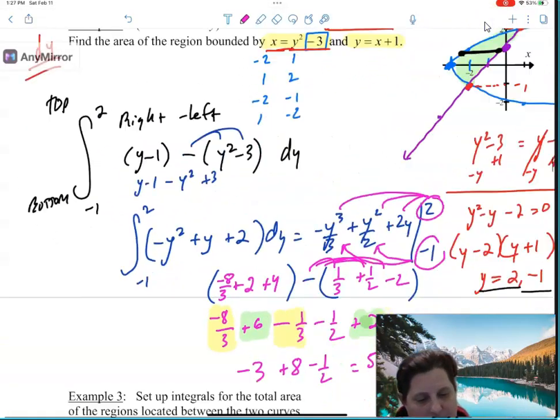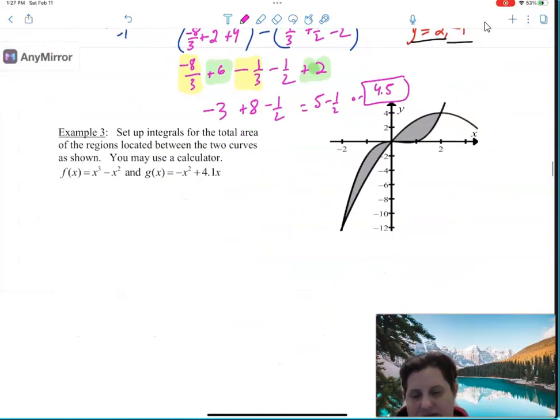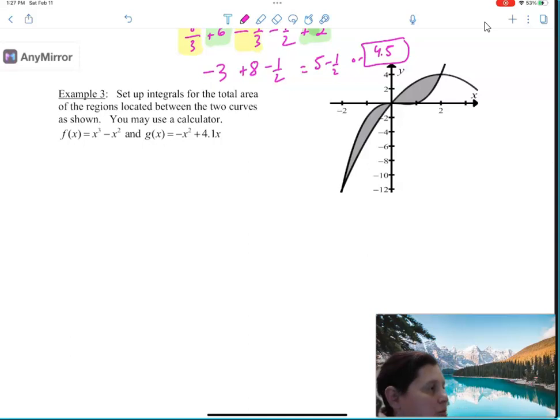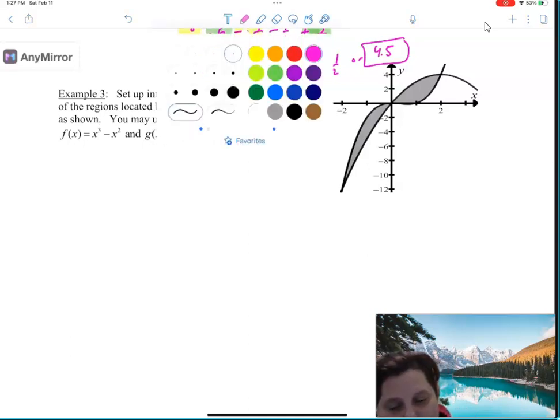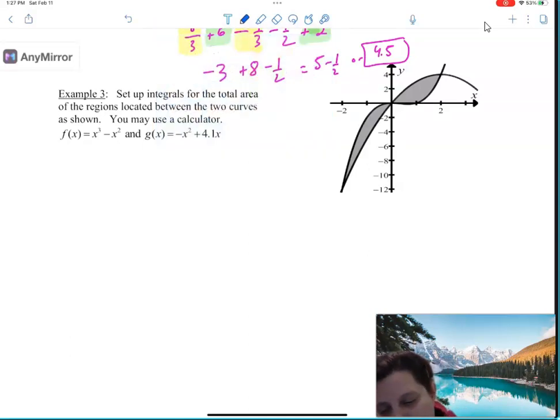All right, cool. So let's decide here, do I want to do this as a dy or a dx? The way that you can tell is, first of all, if the equations both say y equals, then I definitely want to do this as a dx because I'm measuring top to bottom.